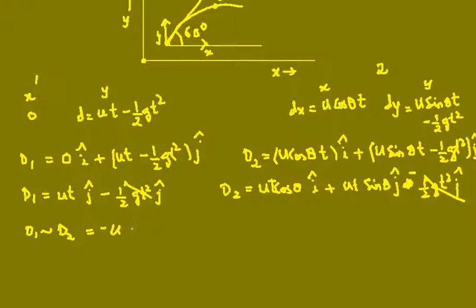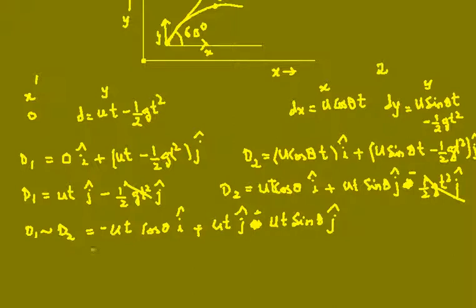I'll be left with minus ut into cos theta into i cap, and the i cap part is done. Now we go to j cap: ut into j cap minus ut into sin theta into j cap. I'm sorry, this should be minus.